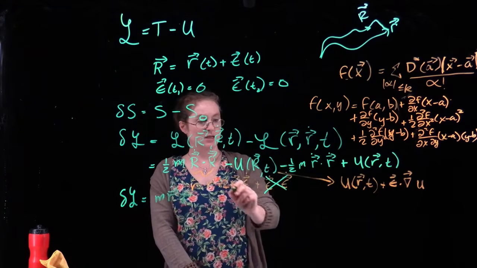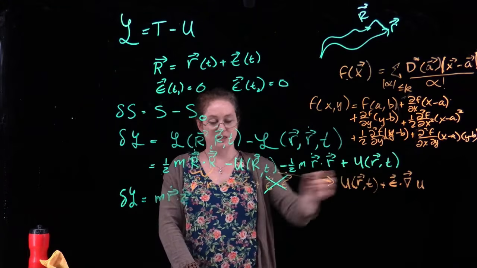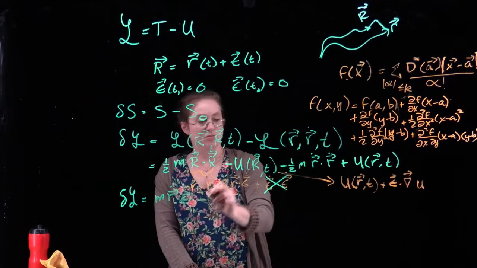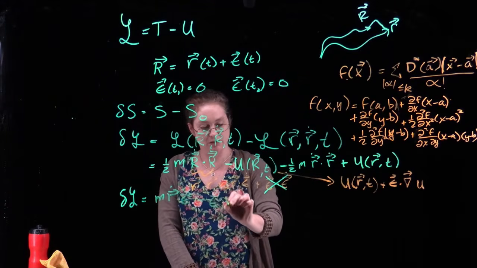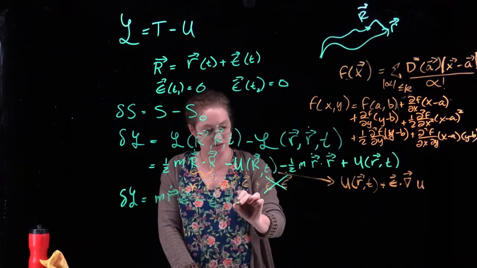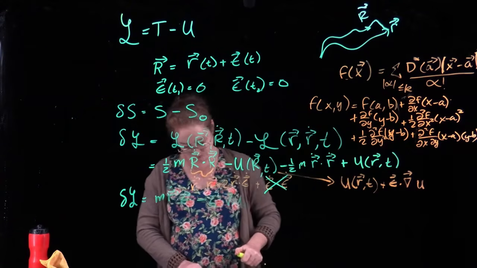And then, because this had a minus sign in front of it, I am left with minus epsilon dotted with the gradient of the potential.